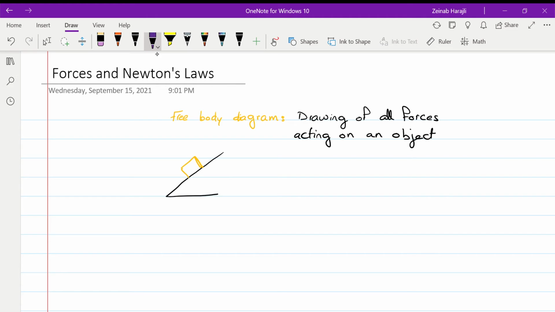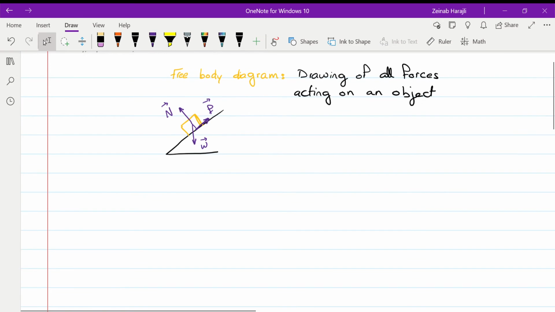The free body diagram for the box here will show us a weight force, a normal, which is always perpendicular to the surface that is exerting it, and a friction, which is always opposing the direction of motion or the tendency of motion. So this is a free body diagram.